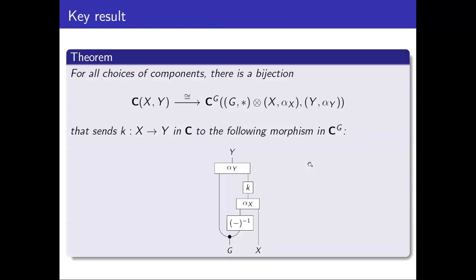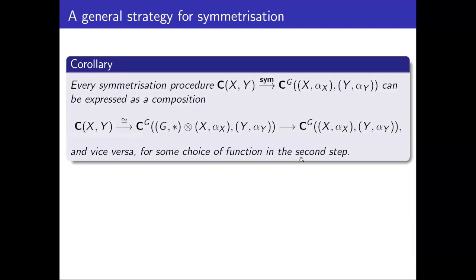So I guess, if I'm understanding this correctly, perhaps Alex can clarify if I'm not, I think that essentially it is the converse. The converse is expressed by this result here, which is saying, I think the direction that perhaps you're asking about, that essentially every symmetrization procedure can be written as, first of all, applying this bijection and then doing something in the second step.